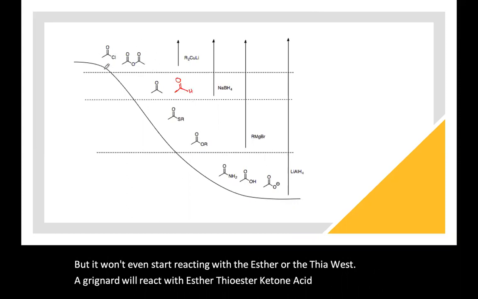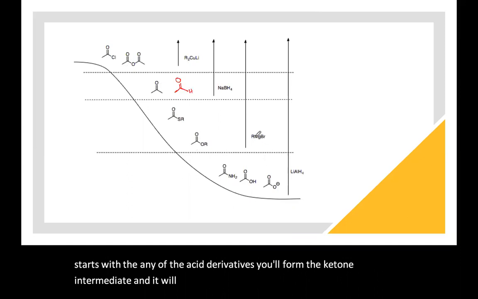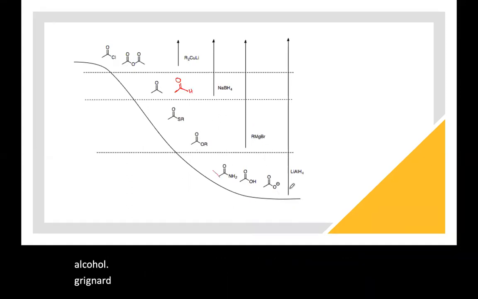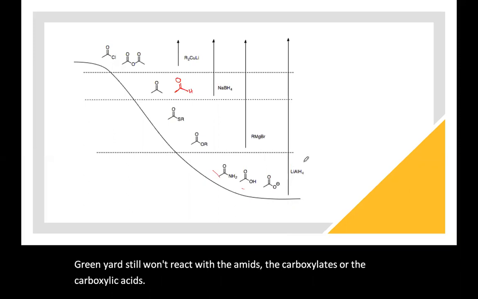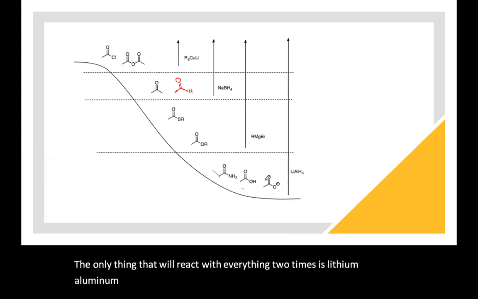If it starts with any of the acid derivatives, you'll form the ketone intermediate, and it will react a second time to give you that tertiary alcohol. Grignards, though, won't react with the amides, the carboxylates, or the carboxylic acids. The only thing that will react with everything 2 times is lithium aluminum hydride, well, of these 4 reagents.